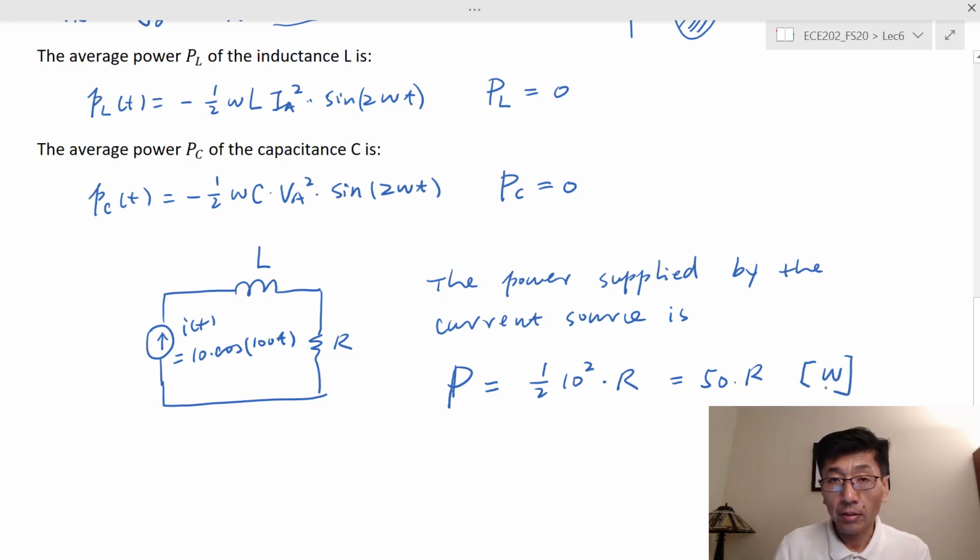I don't really need to care about the inductance, because the inductance will not absorb any average power.